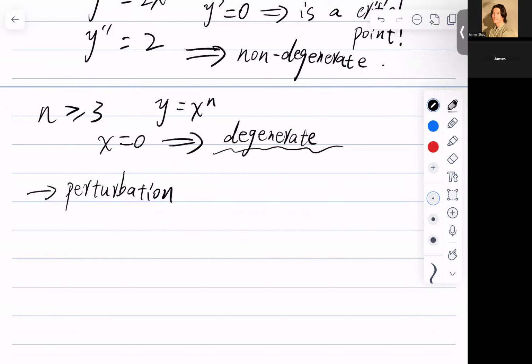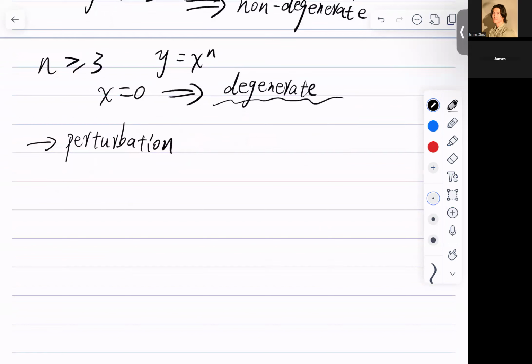So what happens when we perturb our function a little bit? A perturbation is something you can think of as injecting some noise or injecting a regularizer, being like an arbitrary function that you insert into your original function.